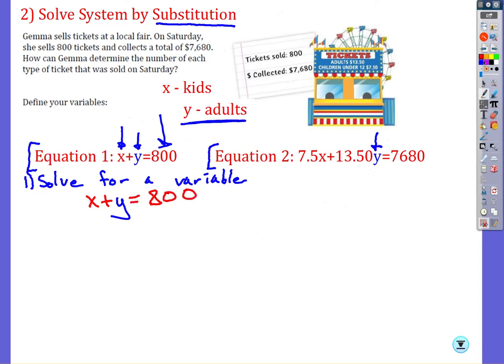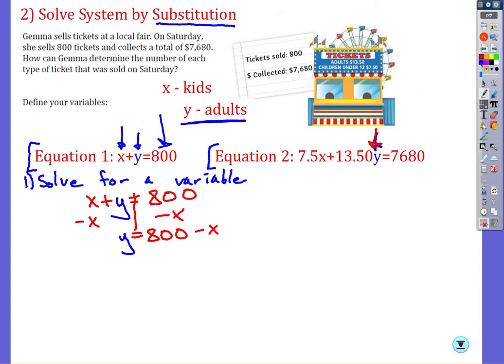So what I'm going to do now is I'm going to solve for y, because if I solve for y, I can just pop it in right there, and I've got an equation that only has one variable in it. So what I'm going to do here is, just like we normally do, I'll draw my fence, subtract x from both sides. Can't combine it with 800, so I'll just write it to the side. We've got the equation solved for y. It is y equals 800 minus x.